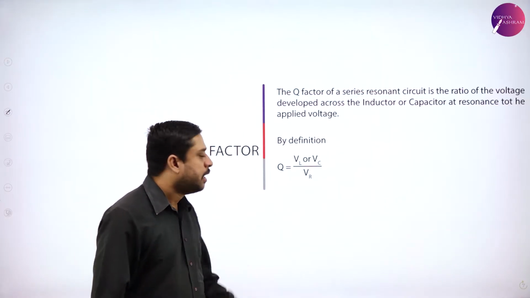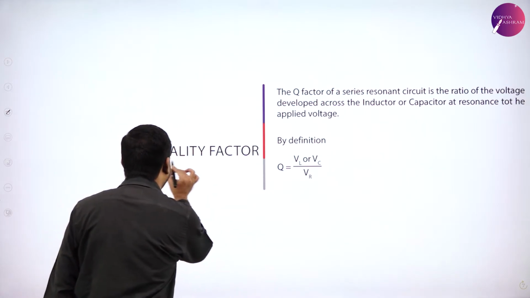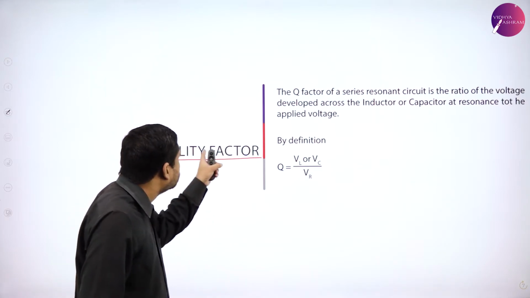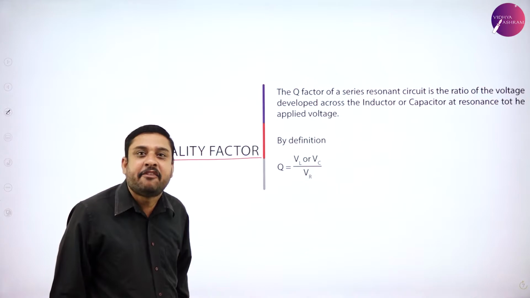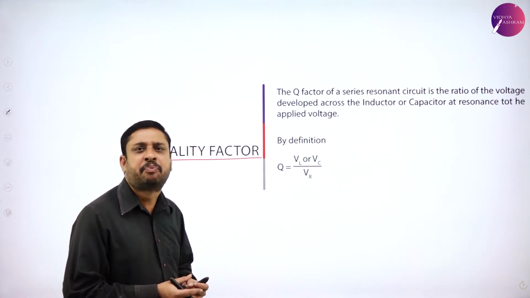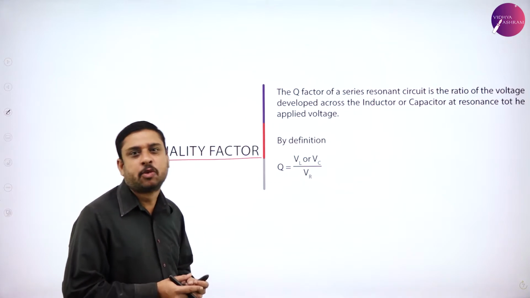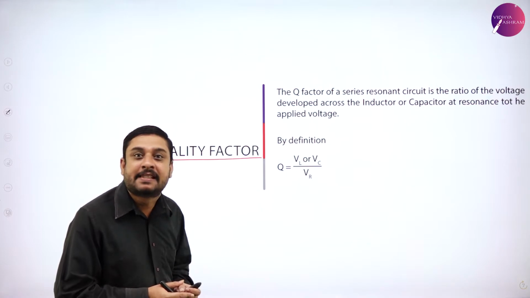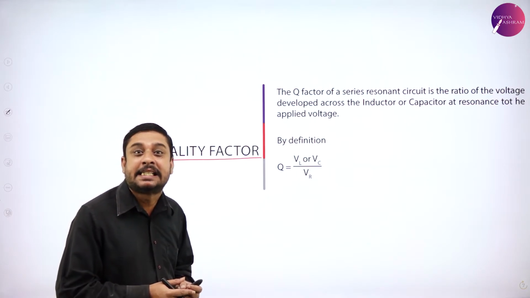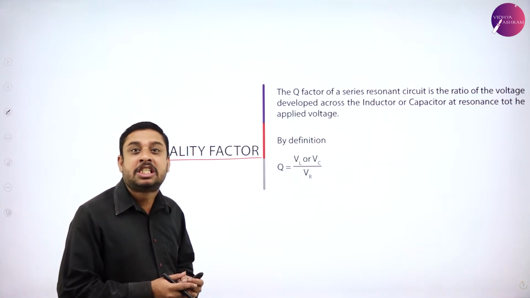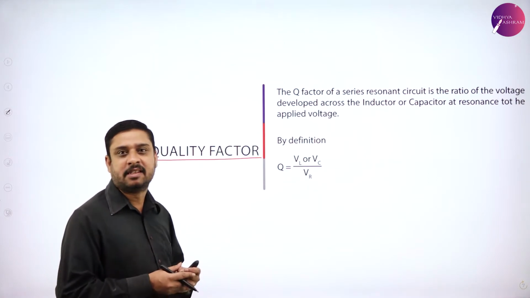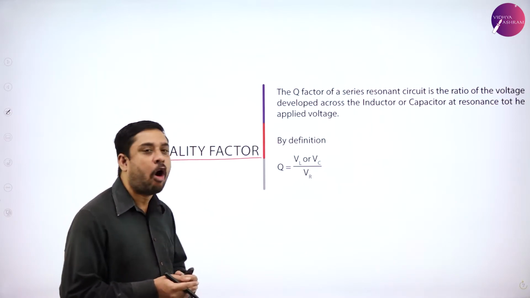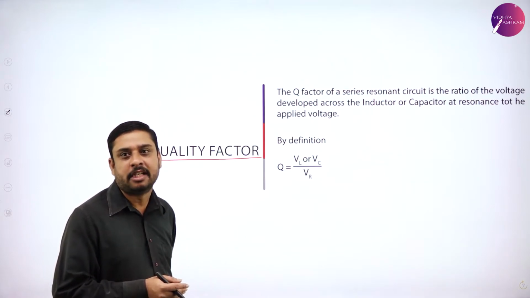Now, the topic that we discuss in today's class is called quality factor, something that is linked with the quality of the sharpness curve. Yesterday we studied the resonance curve, how sharp the curve is, how blunt the curve is. It depends upon the quality factor.